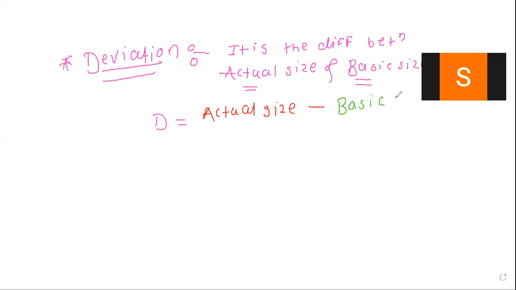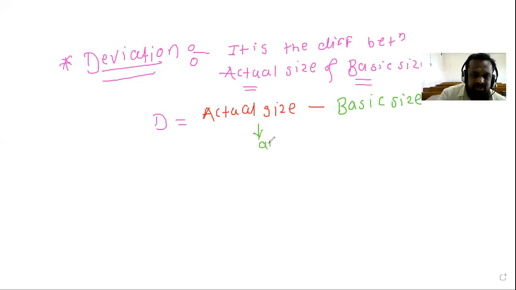Size after production is actual size. Actual size is nothing but after the production. And here basic size means when we are adding the tolerance. Okay. It is called as the deviation.